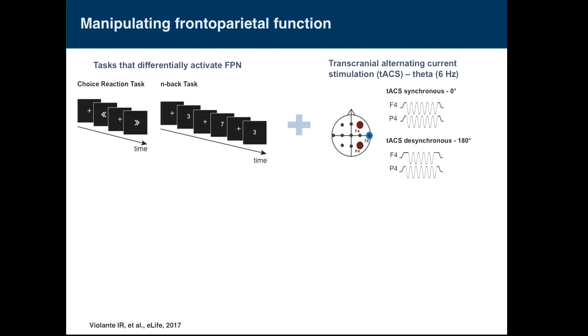And in this case, we impose an external oscillation that was either in phase, so we had 2 electrodes, one frontal, one parietal, and the imposed current could be either in phase between the frontal and the parietal or out of phase.